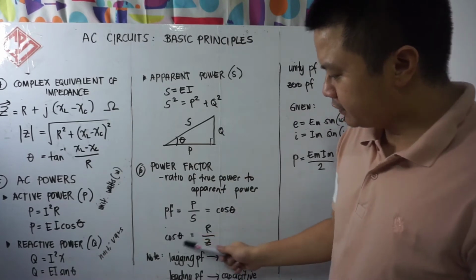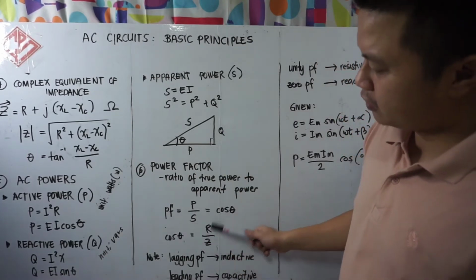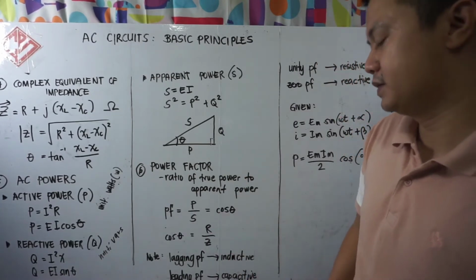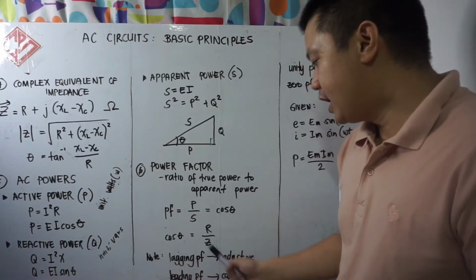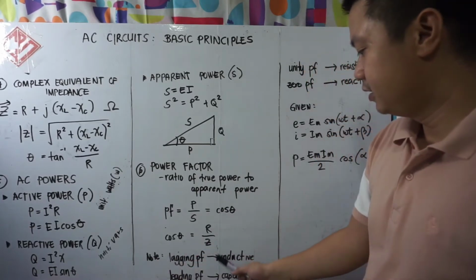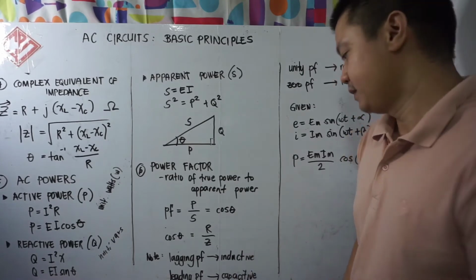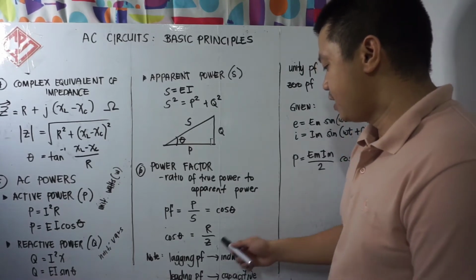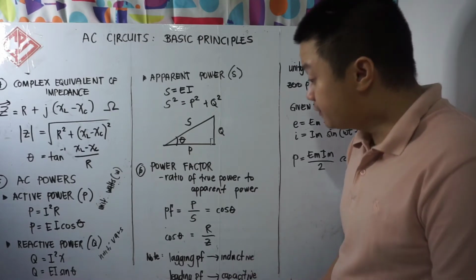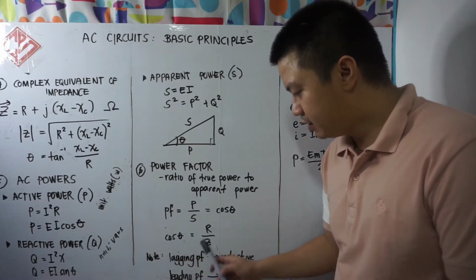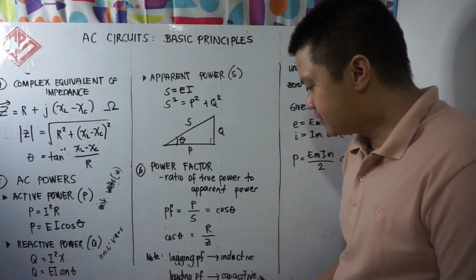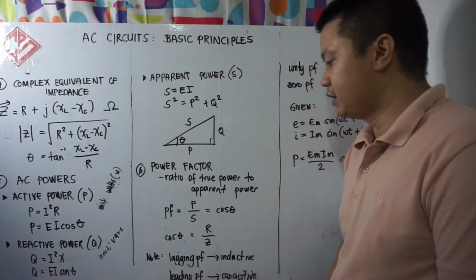So your cosine of theta is also equal to R over Z. Note that for a lagging power factor, that is for inductive loads. Inductive loads will have a lagging power factor. For capacitive, that will be a leading power factor.